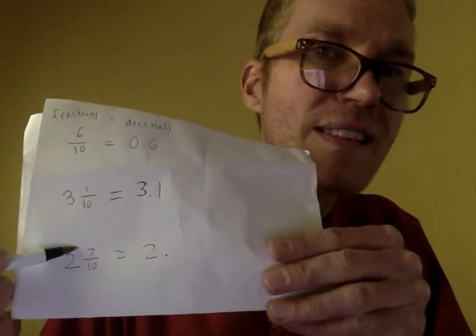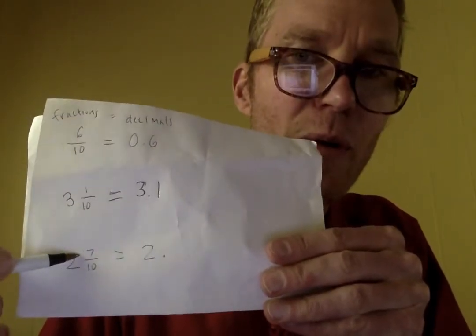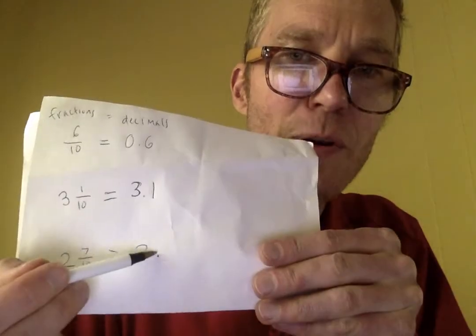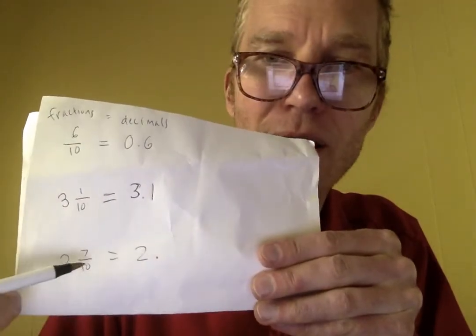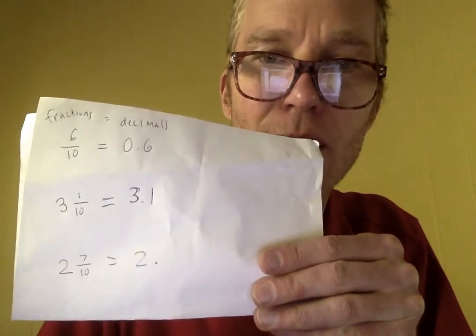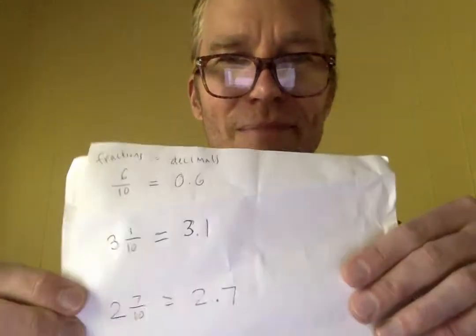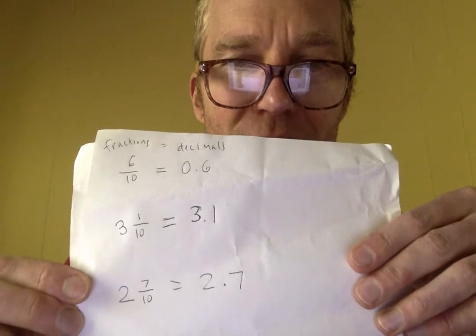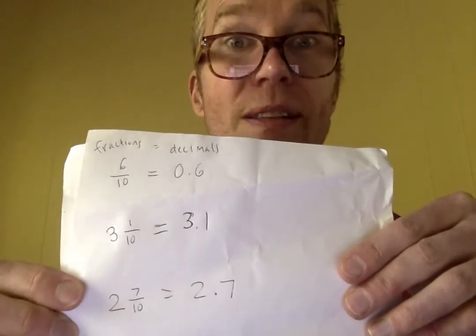Oh, you're right. You got 7 tenths. So it's going to be 2 point what? 2 point, and then put the 7 in the 10th spot because you got 7 tenths. So 7 goes in the 10th spot, so it's going to be 2.7. Who said that? Was that you, Jimmy? 2.7. 2 7/10 is 2.7.